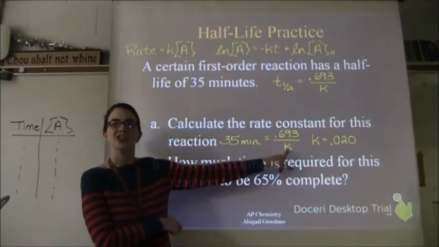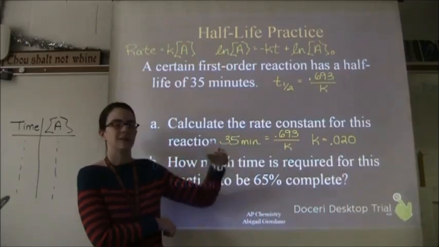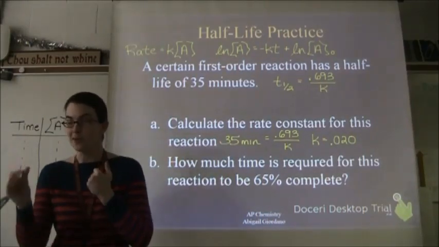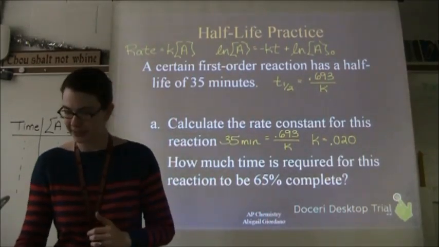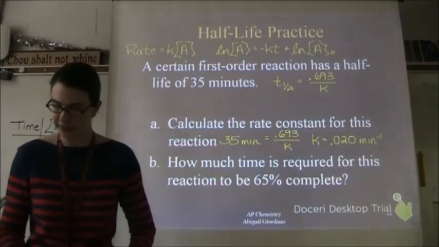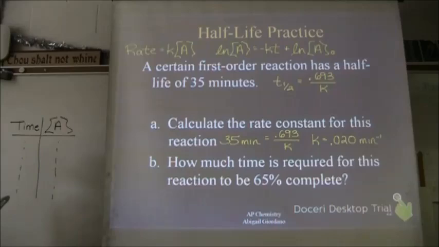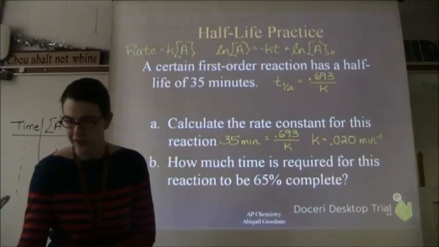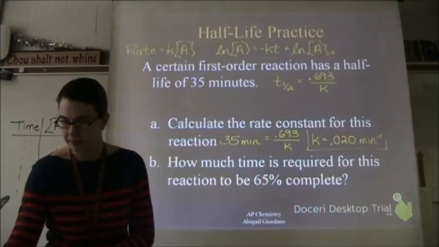So what must the units of K be here? 1 over minute, an inverse minute. I'm going to write it like this, minute to the negative 1. Okay. Part A, solved. That was easy.